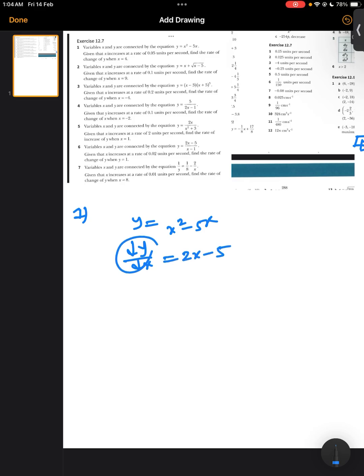You'll have the perfect value for this one. So at the point x is equal to 4, dy/dx should be 8 minus 5, which is 3. I got the first thing here.